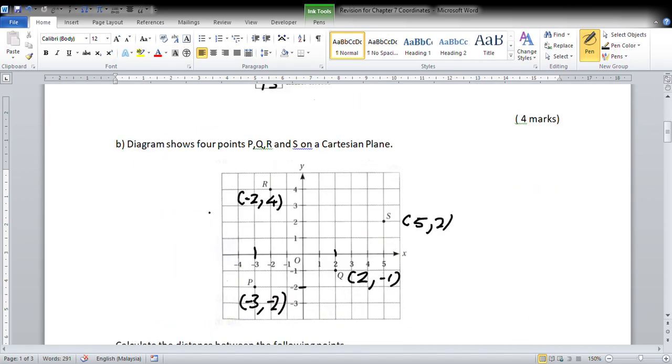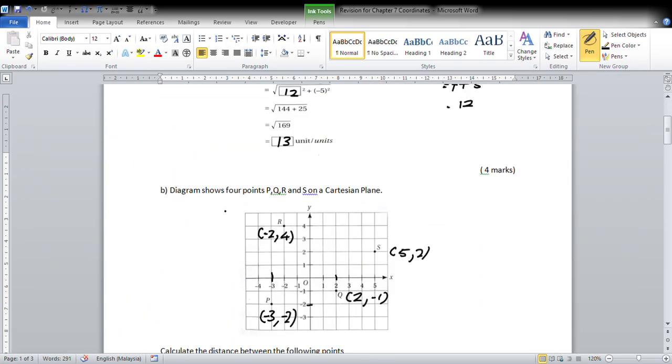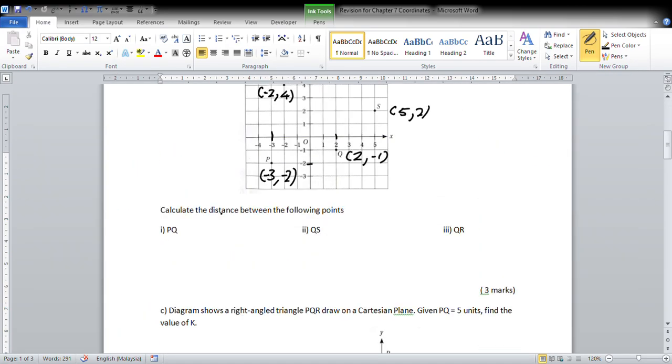Next we're going to find the distance between the points P and Q. Look at the points P and Q. Remember the coordinates. I'm going to apply the formula to calculate distance, which is square root of x1 minus x2. It depends on you which one you prefer as point 1 and point 2.